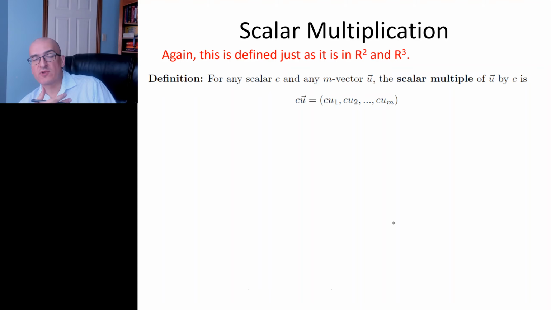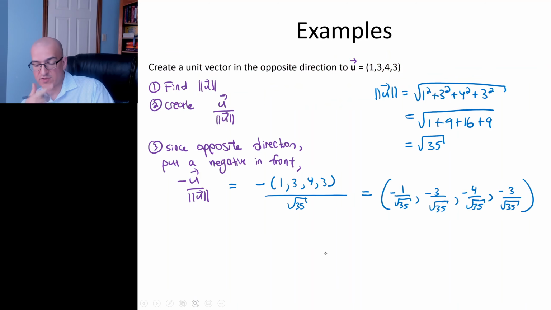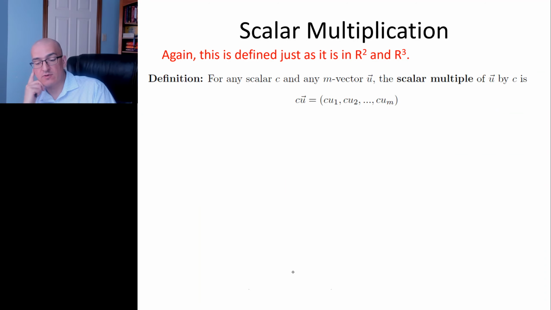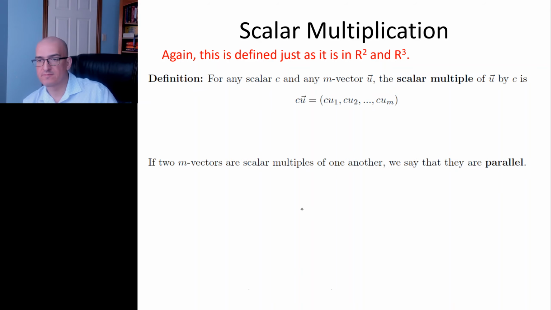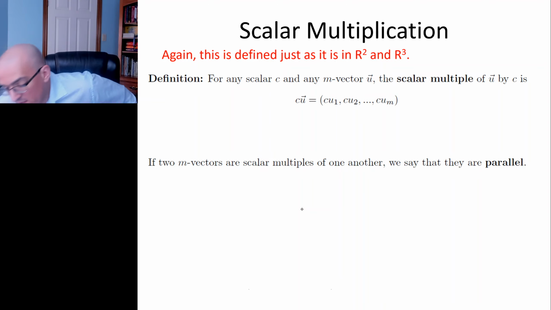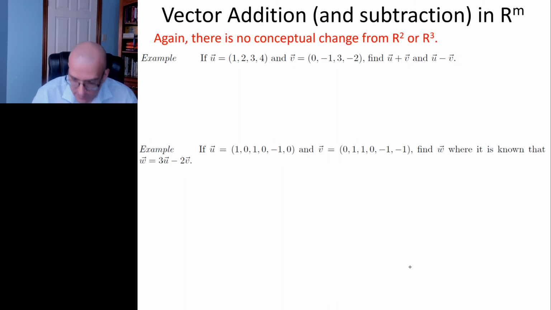So in the previous example we already did scalar multiplication and multiplied this vector 1, 3, 4, 3 by negative 1 over the square root of 35. It's true in general that c times any vector, where c is a constant, is just each of the components of the vector multiplied by c. The definition of parallel vectors has no change in higher dimensions. Two vectors are parallel to each other if we can write one as a scalar multiple of the other one.